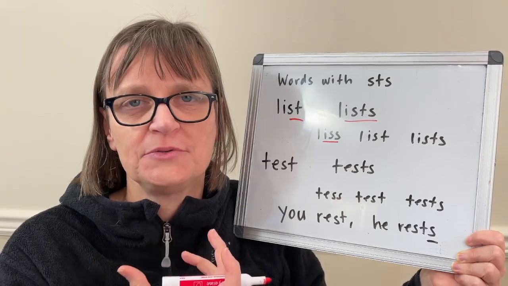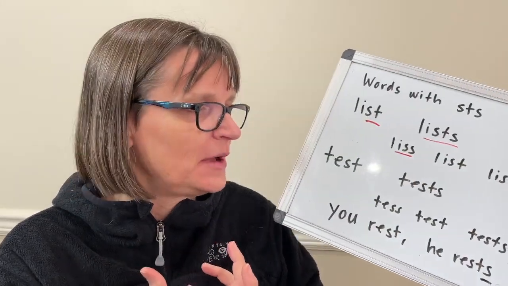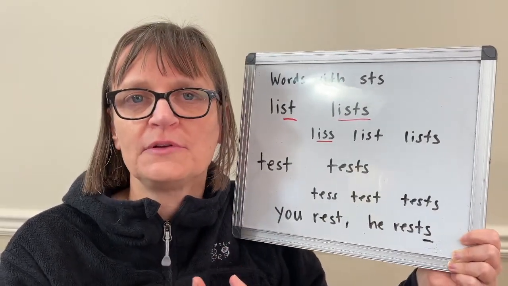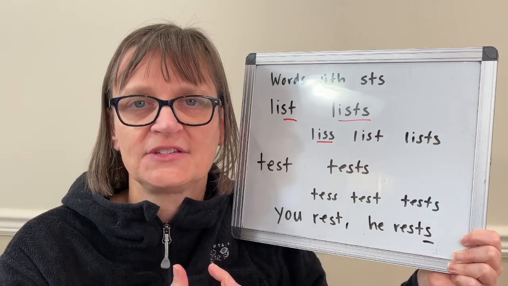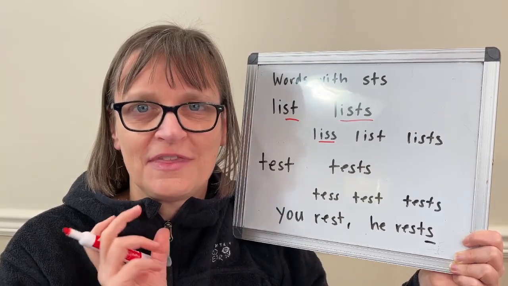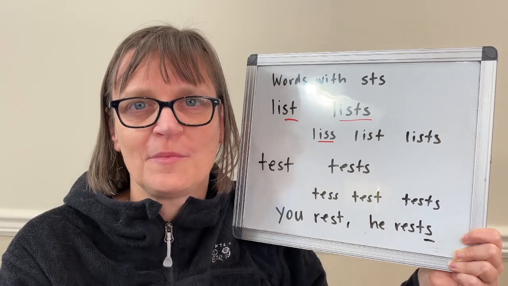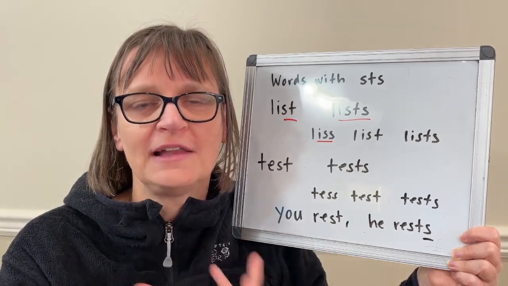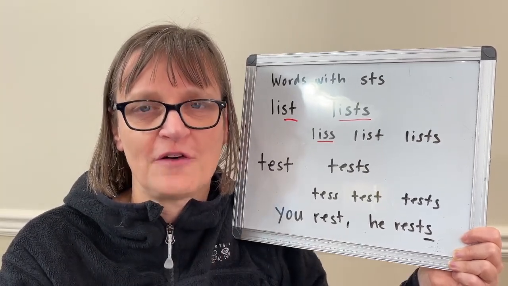So being able to use them in the correct context can be really helpful. Also for plurals, saying one test, two tests. Associating with the plural in your mind and the verb form in your mind can be really helpful in not letting those S and T sounds drop off.